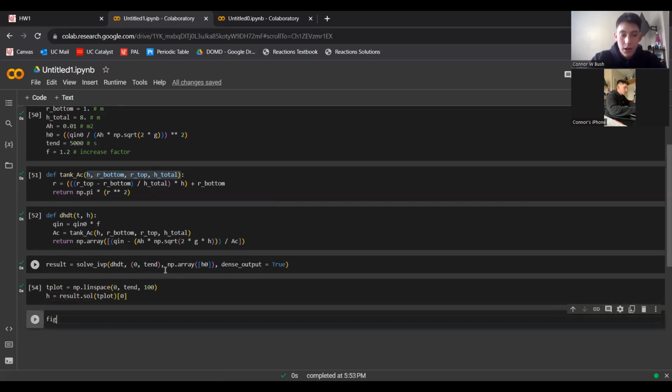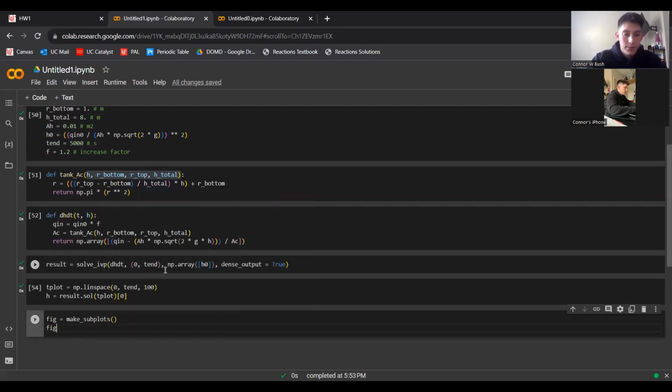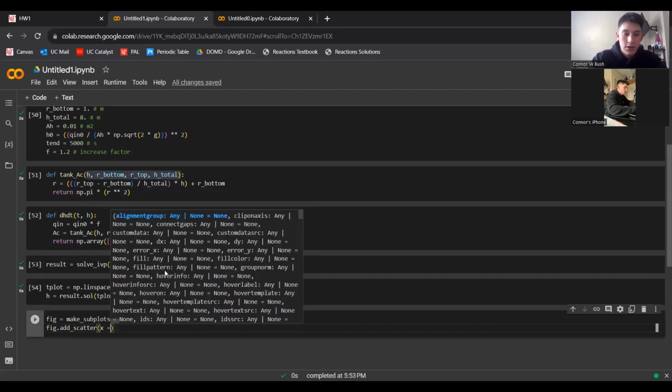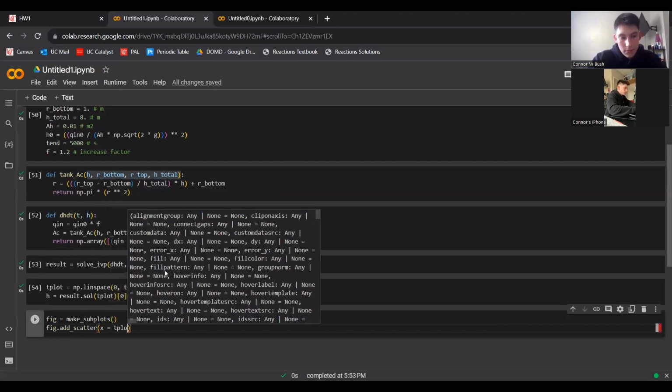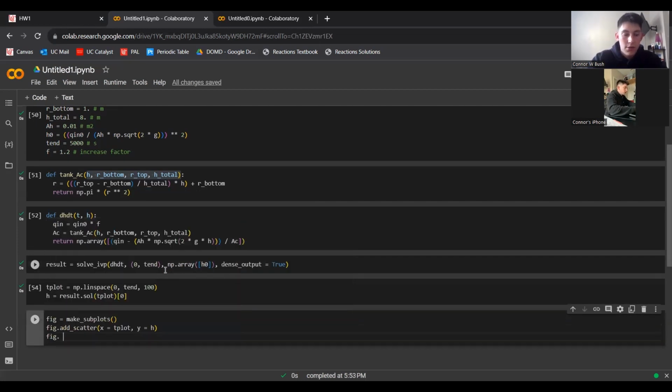And then now we can plot this using Plotly. So we'll initialize that we're making a subplot, and then we're going to add a scatter plot. Our x-axis will be t-plot, and then our y will be heights, and then we're going to update the layout.